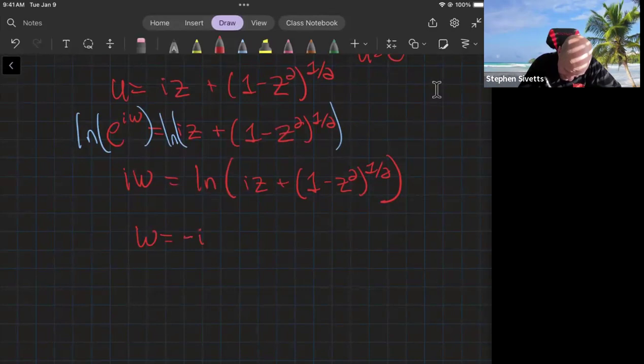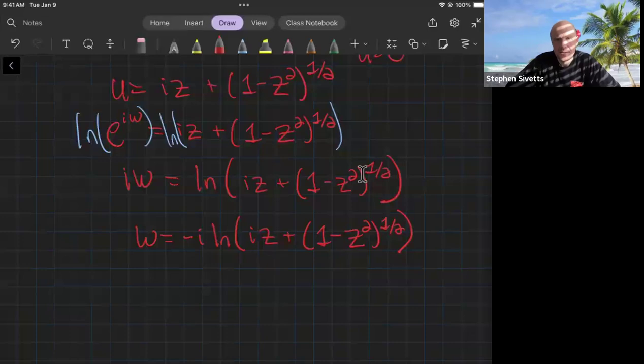So you'll have minus i times the natural log of iz plus the square root of 1 minus z squared. So that would be the inverse of sine of z.